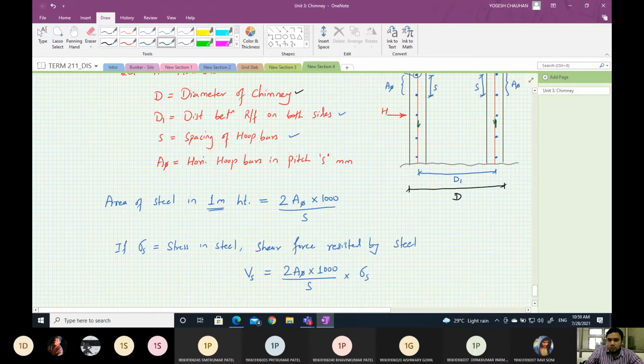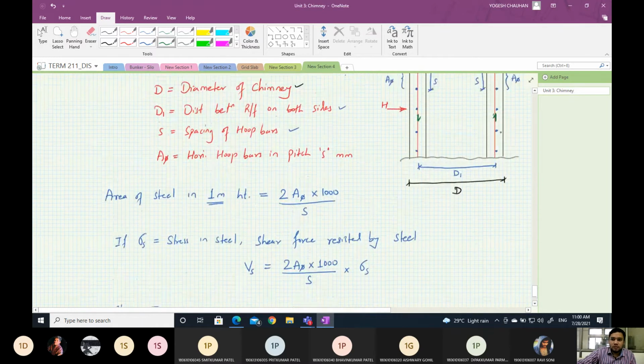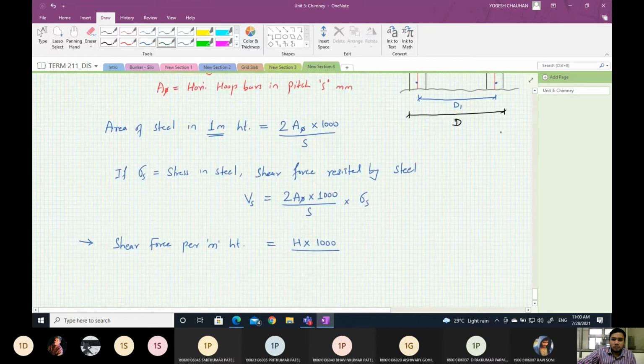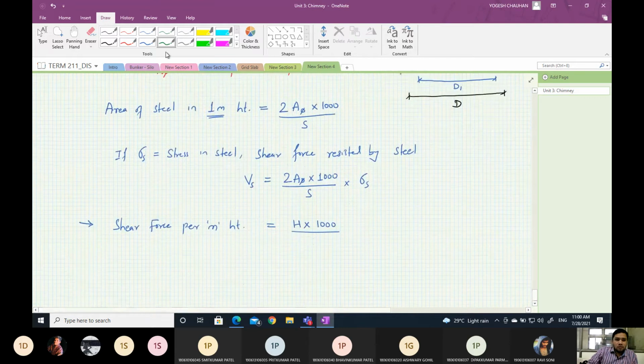So this shear will resist this horizontal force. So H times 1000 divided by D1 will be the value of this shear, where D1 is the lever arm.